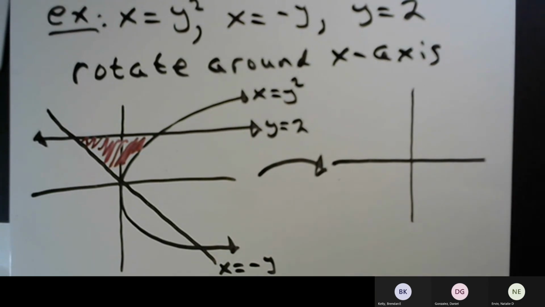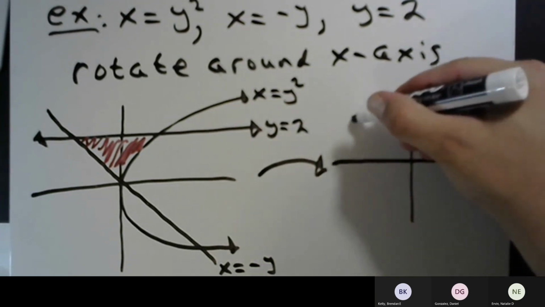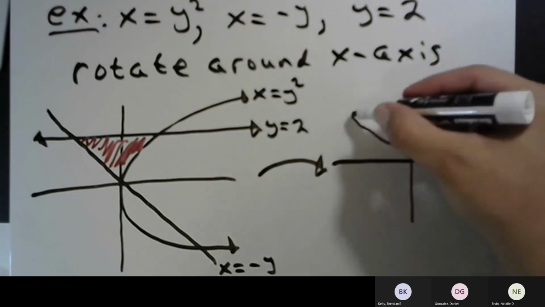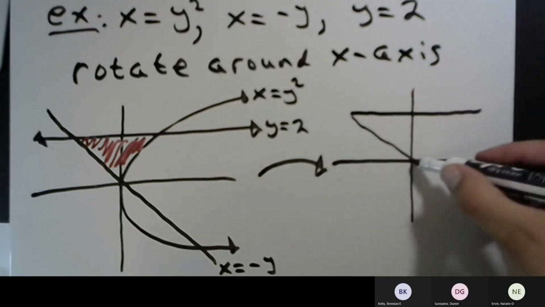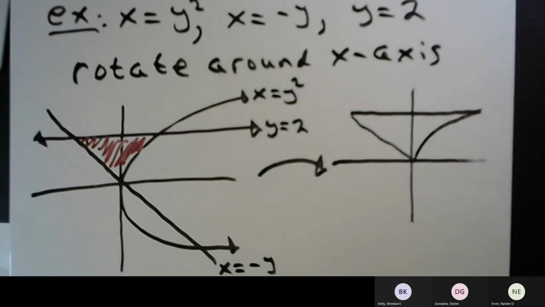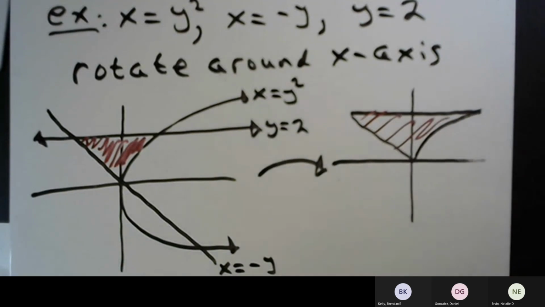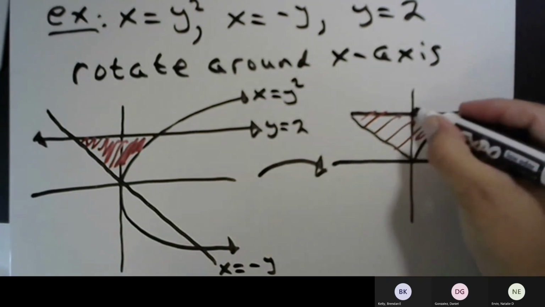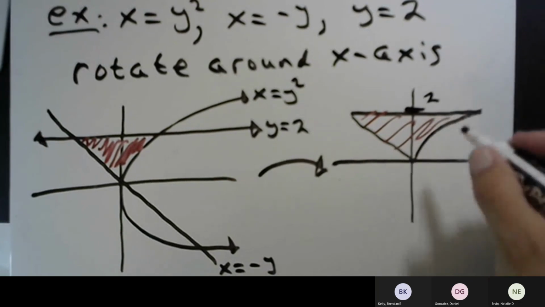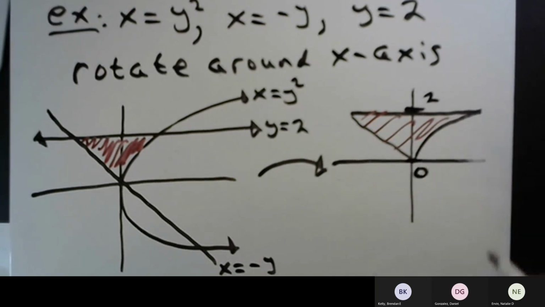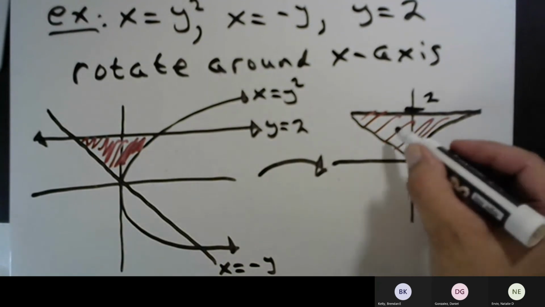And so what we end up getting is something like this. The top of it here is y equals 2. Down here it's 0.